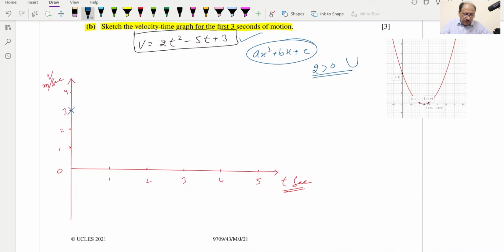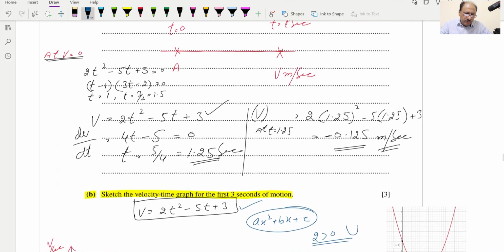Now we will be checking, and we have 2 points over here which we have solved: t is equal to 1 and 1.5.